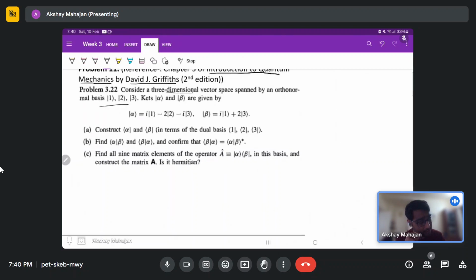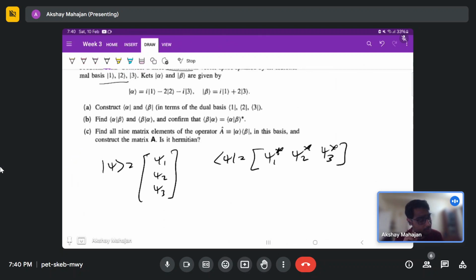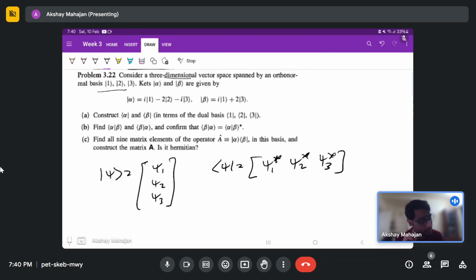Generally, each of these kets we represent as column vectors, let's say psi 1, psi 2, psi 3, and then the bra of this will be represented as a row vector with complex conjugates: psi 1 star, psi 2 star, psi 3 star. We don't need this for this problem, but I guess there is a problem on matrix multiplication in the assignment, so just a reminder for that. So you can write these things like this.